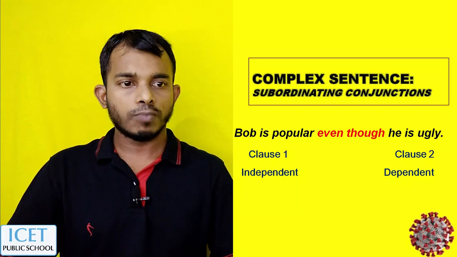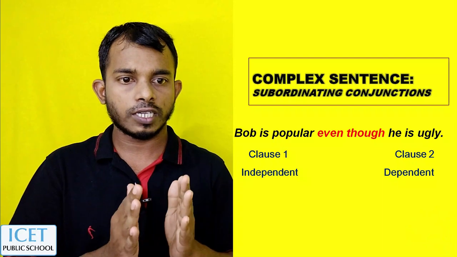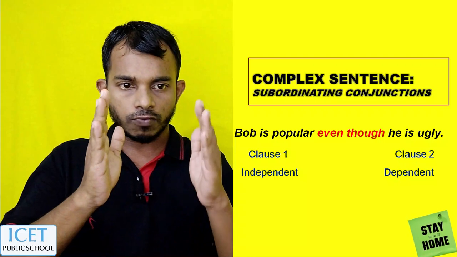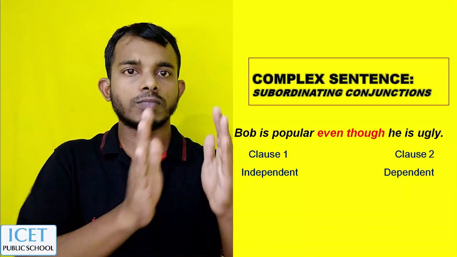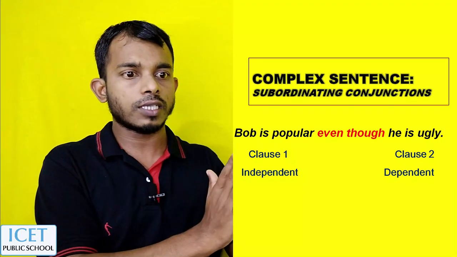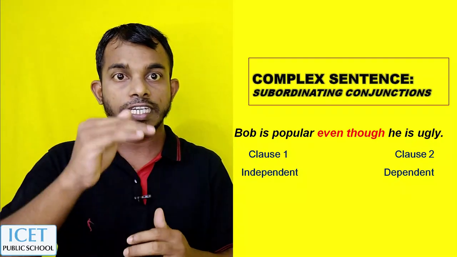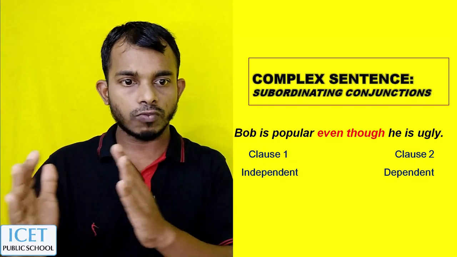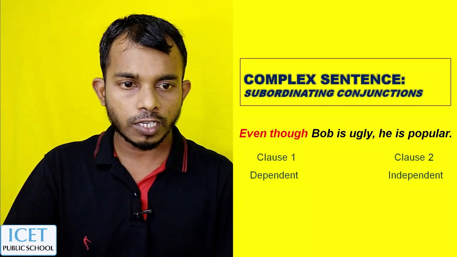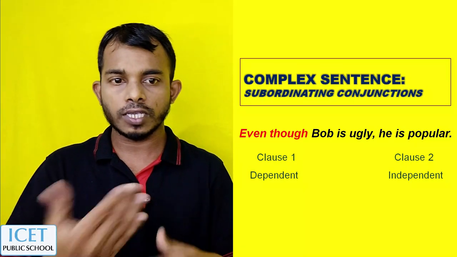Now, complex sentence using subordinating conjunctions: Bob is popular even though he is ugly. We said the first clause is independent. Bob is popular, that clause is independent. Even though he is ugly, that is the dependent clause. The other one is independent. Then the other way: even though Bob is ugly, he is popular. We can make it in this way also.